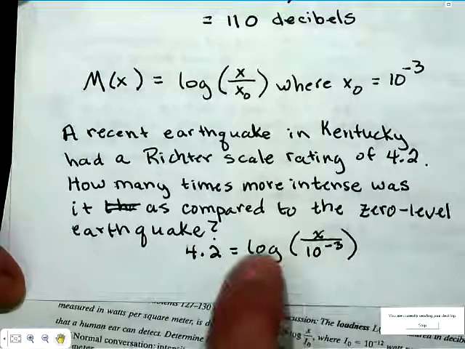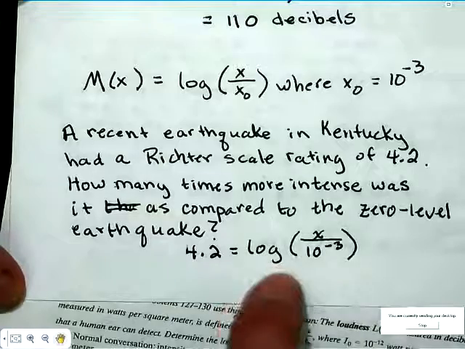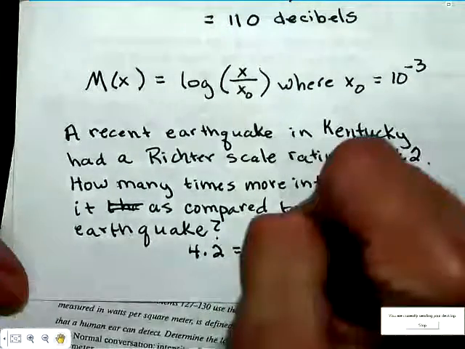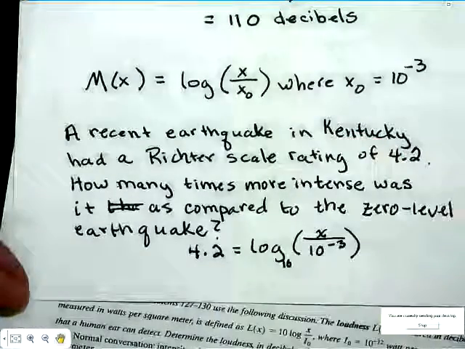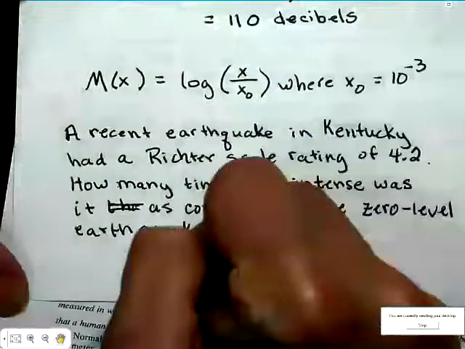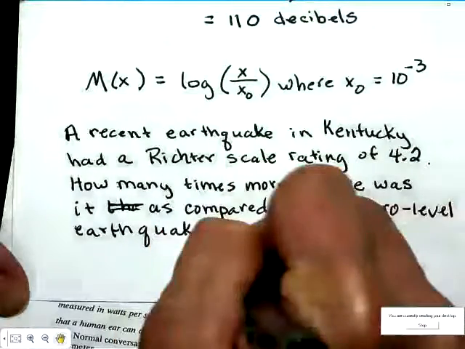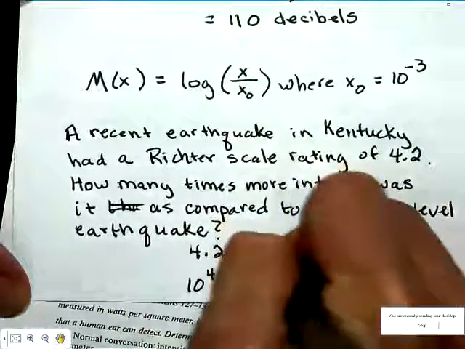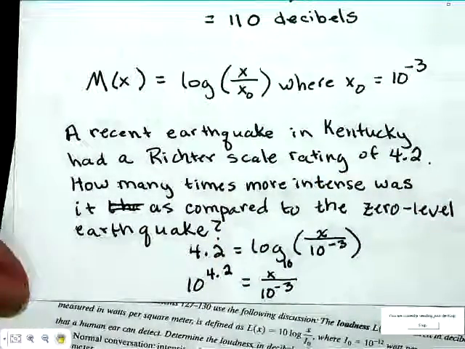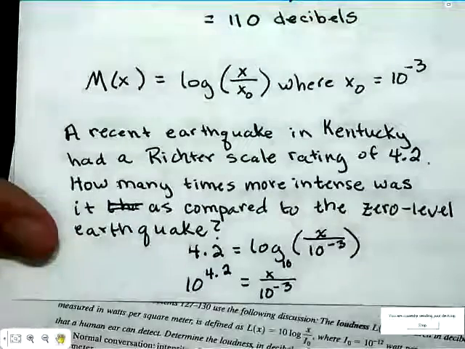The base of log without a written base is understood to be 10. So in exponential form, this would be 10 to the 4.2 equals x over 10 to the negative 3. That's just changing it to exponential form.